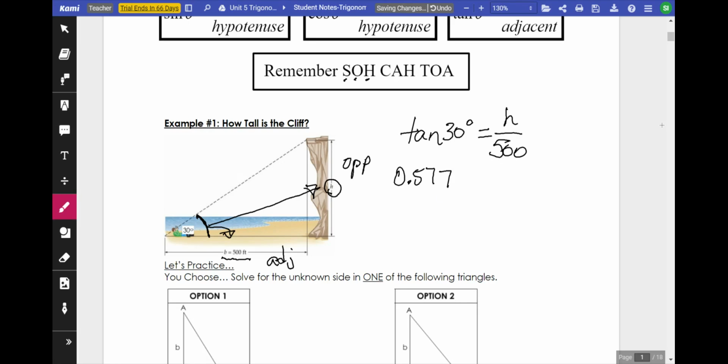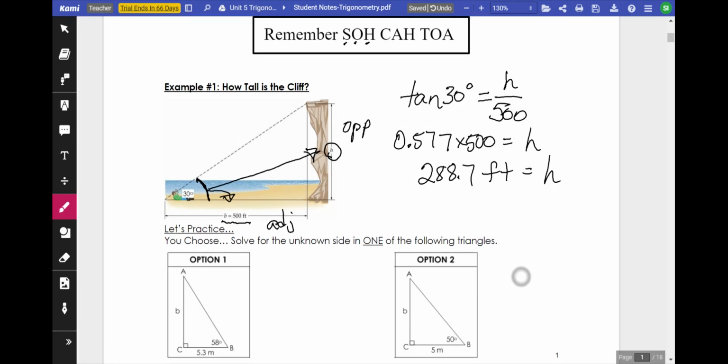And we're going to multiply that by 500. And that's going to give us h. Whenever the unknown is on the top or in the numerator, you multiply. And when you do 0.577 times 500, you get 288.7 feet is equal to h. So the cliff is 288.7 feet high.